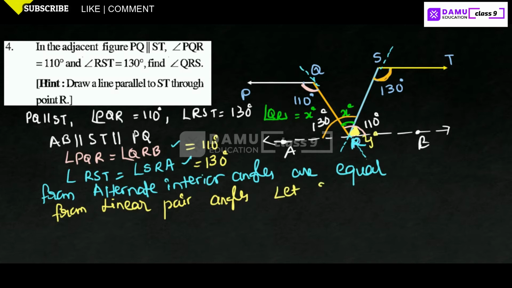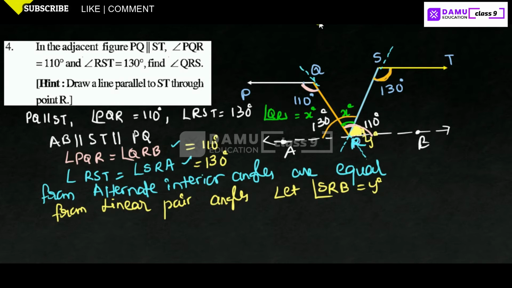This side we are considering because here it is completely 130 degrees. If you add this y degrees to 130 degrees, we will get 180 degrees.